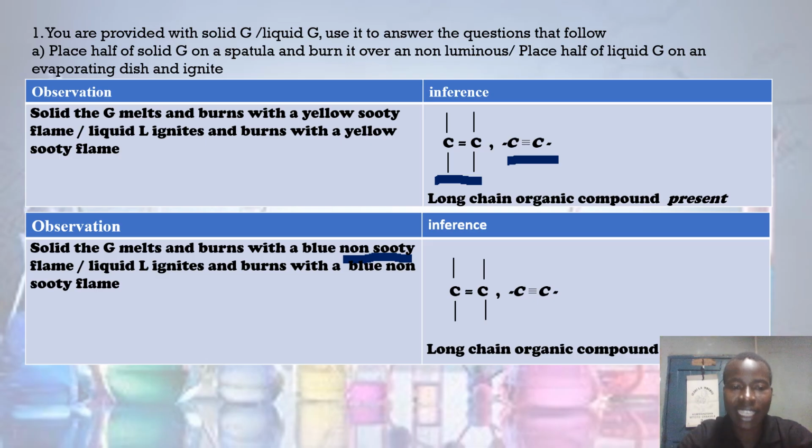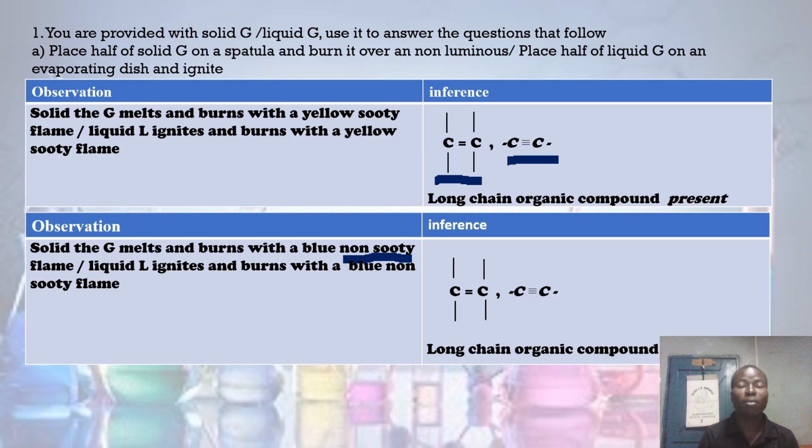If you see the flame being blue, add the next aspect that the flame was blue and non-sooty. Or if I ignited the liquid and it burnt with the blue flame, I'll say that the liquid ignites and burns with a blue non-sooty flame. Like for instance, if you ignite ethanol, that is what you are going to expect.